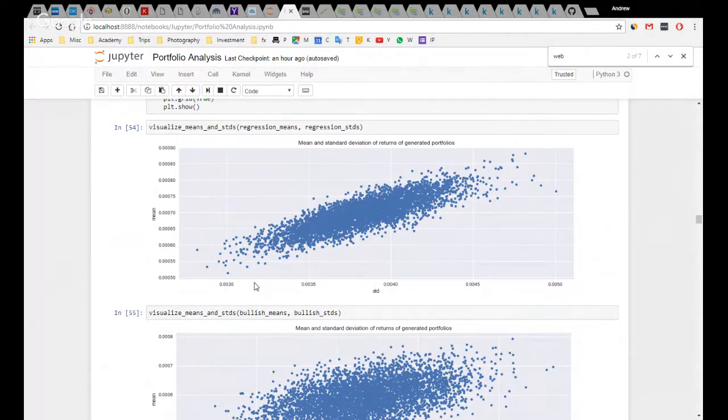So suppose you have 100 stocks of asset A and then 100 stocks of asset B. Those weights could be different. They could be, say, 50 of asset A and then 150 of asset B. So this is basically what happens here. This is a lot of combinations of different number of stocks for the same assets in different portfolios.